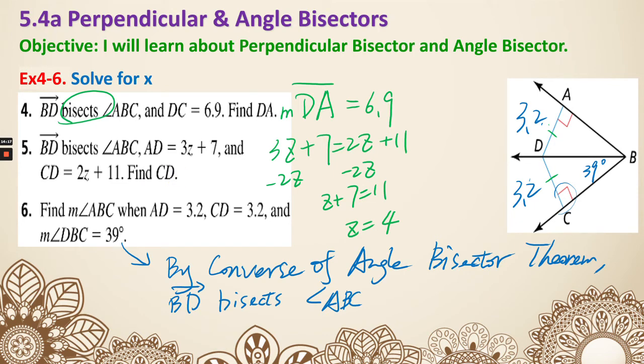And since it's telling us the measurement of DBC, we know the measurement of angle ABD is the same as the measurement of angle DBC, which is 39 degrees because it bisects, which means the angle ABC is going to be these two angles added together, or twice each one. So that is 78 degrees. That is number 6.